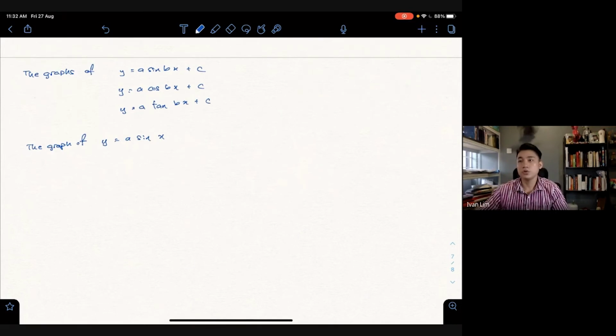So you all go to Desmos right now. Type y equals sine x first, your original graph. Then for your second equation, type y equals 2 sine x.